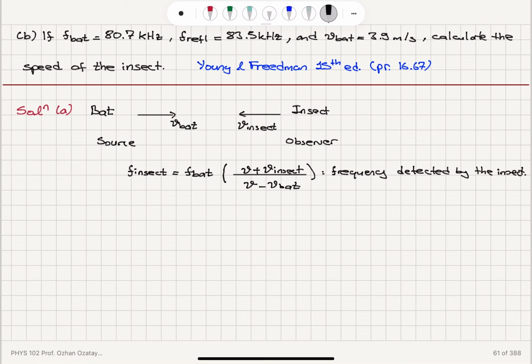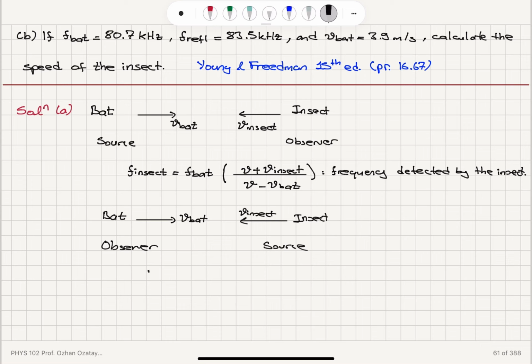Okay, now the bat is again moving towards the insect with a speed v bat, but now the bat is the observer. The bat is observing the reflected sound from the insect, and the insect is moving towards the bat with v insect and acting as the source of sound waves which are reflected.